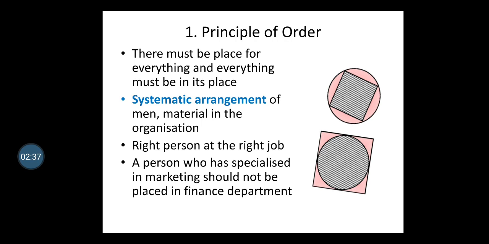If a person who has done marketing is placed in the finance department, maybe for his bread and butter he will work, but he will not be able to give 100%. Thus Fayol suggests that there must be systematic arrangement so that there is better productivity in the organization.